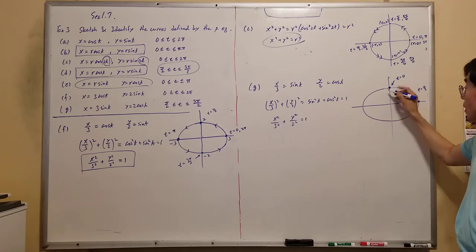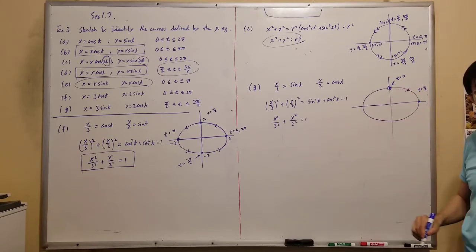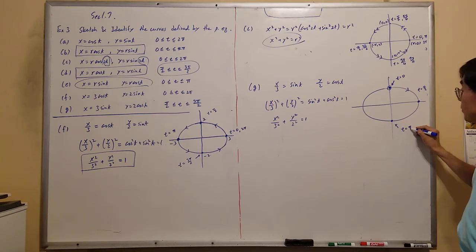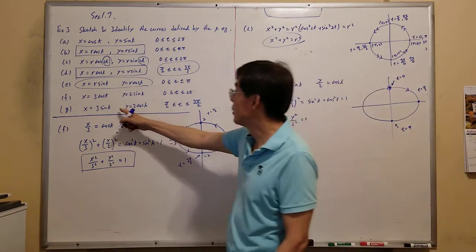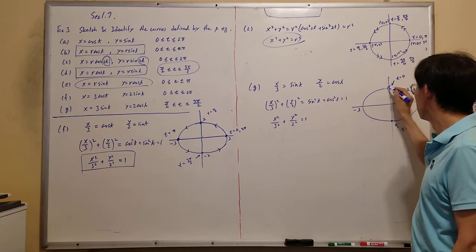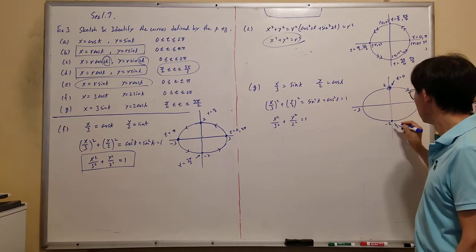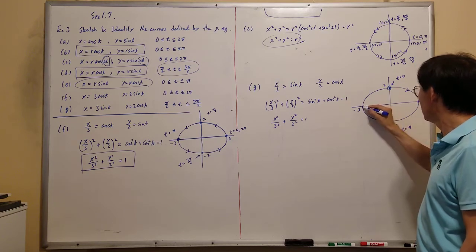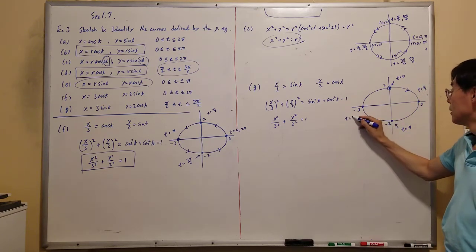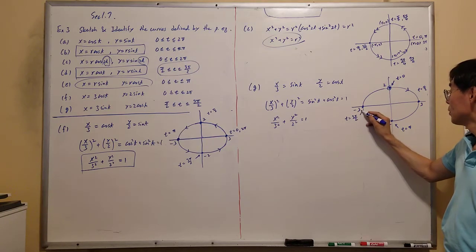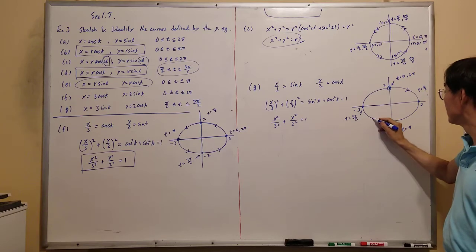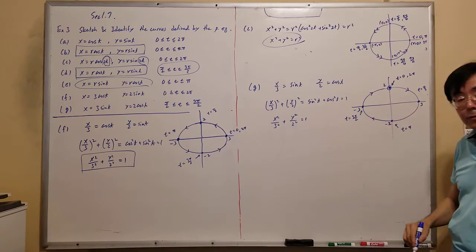Going clockwise, starting from the top. T equals pi, 0, negative over here. And negative 3, 0. When t equals 3 pi over 2, 2 pi. Okay?